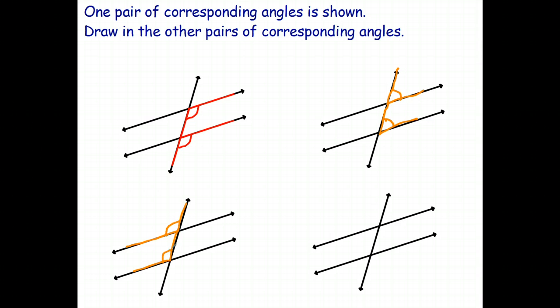Corresponding angles are equal. And then finally, that angle corresponds to that angle. Corresponding angles are equal. So when you're looking for corresponding angles, that looks a lot like an F. That looks like an F that's been flipped upside down. That one looks like an F that's been flipped left to right, and that one's been flipped both upside down and left to right. But they're all corresponding angles.